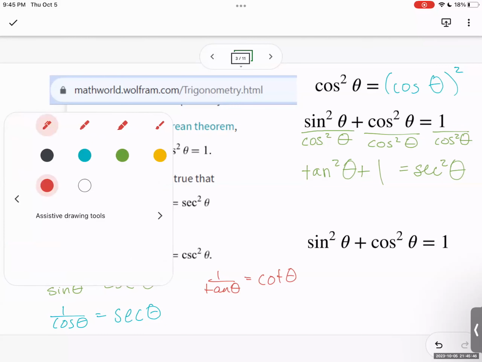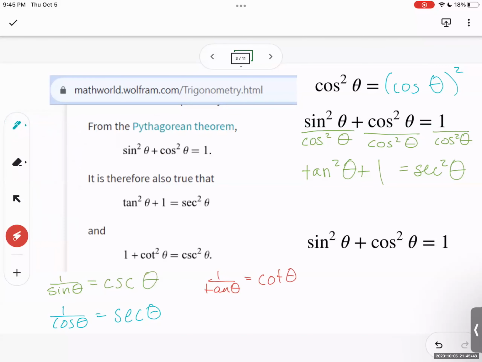So we can also get this other identity by dividing sine squared theta plus cosine squared theta, dividing each term by sine squared theta. Sine squared theta divided by sine squared theta is 1.